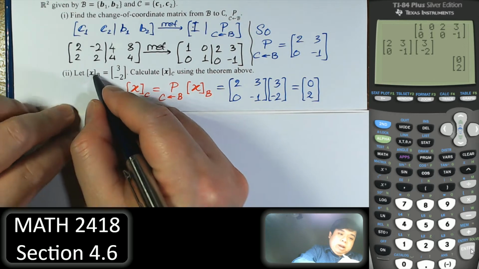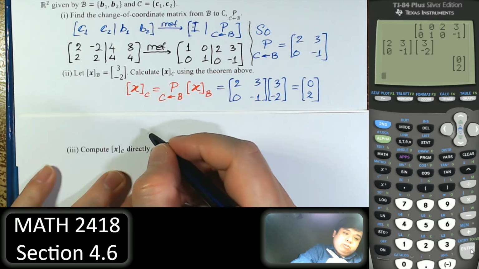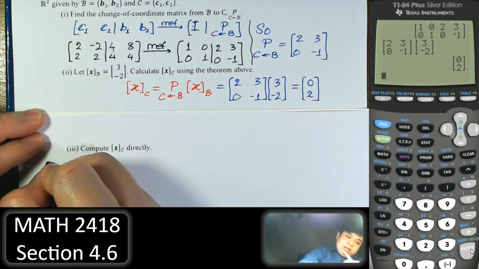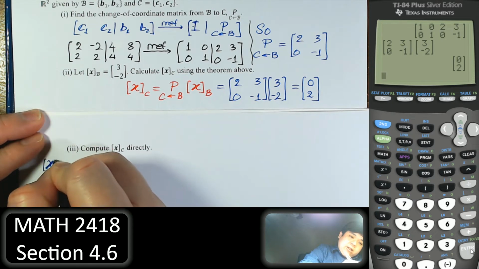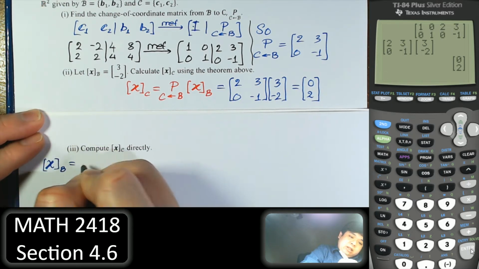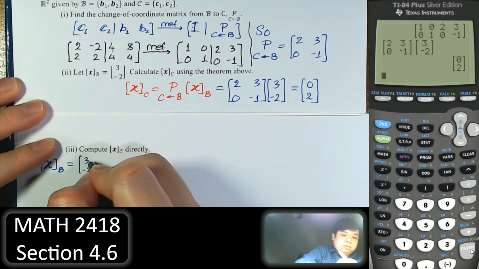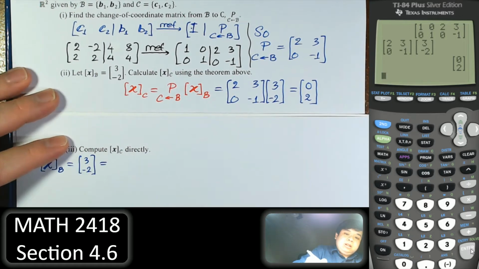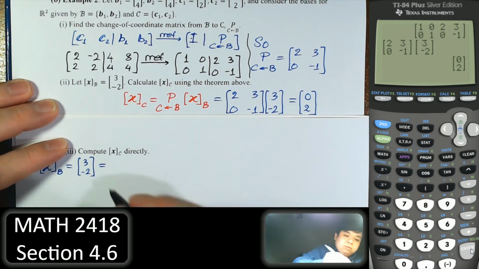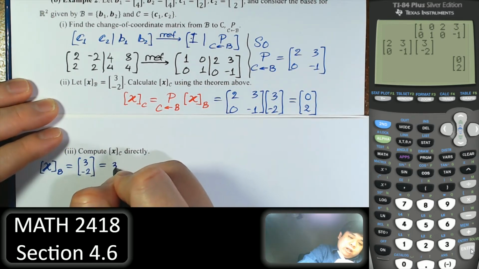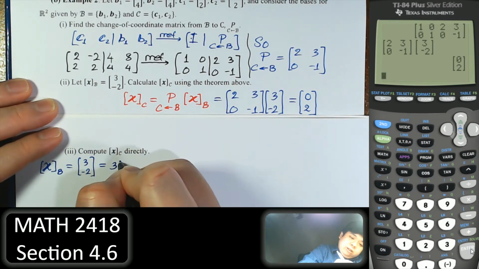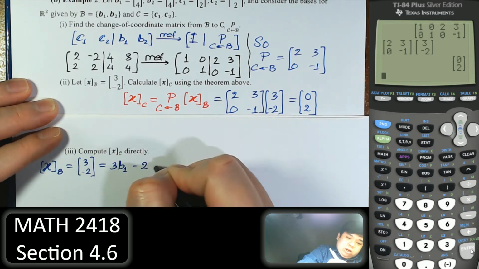First, we have x in B is 3 and negative 2. That means it's going to be 3 times B1 minus 2 times B2.